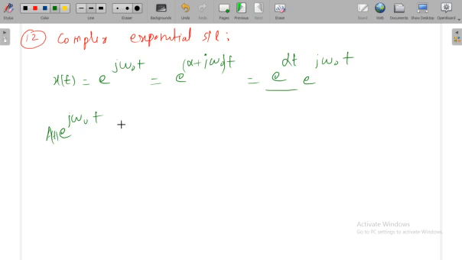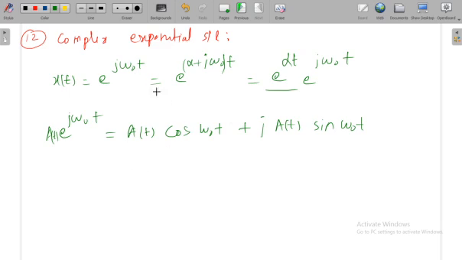Now, how can I expand this function? This is a of t e power j omega naught t, which can be written as a of t cos omega naught t plus j a of t sin omega naught t. Like this you can expand, because once you have a complex function, it can be written in terms of cos theta and sin theta.